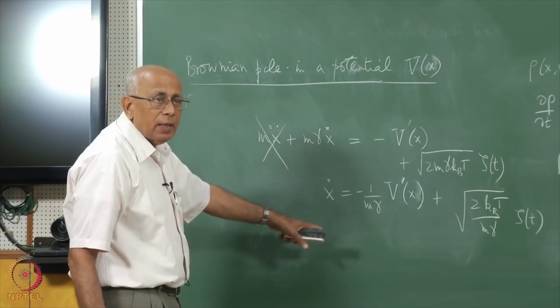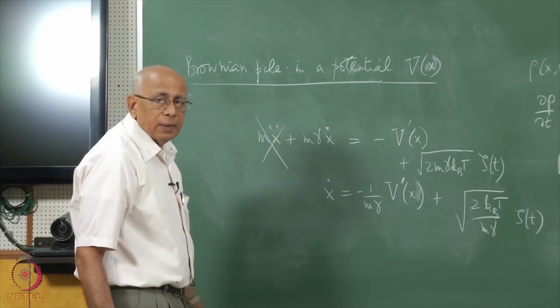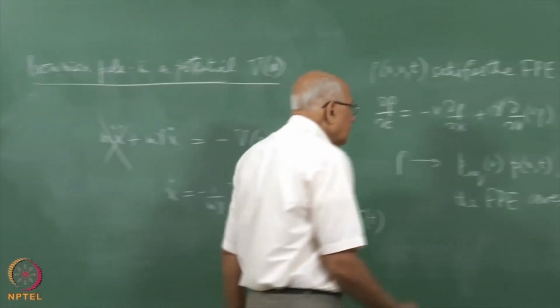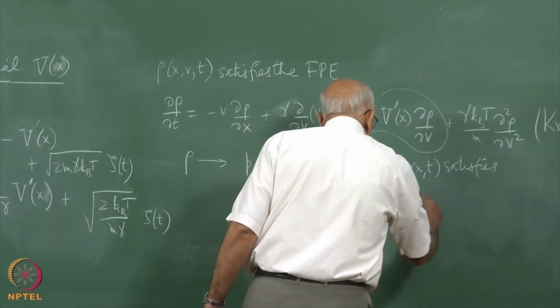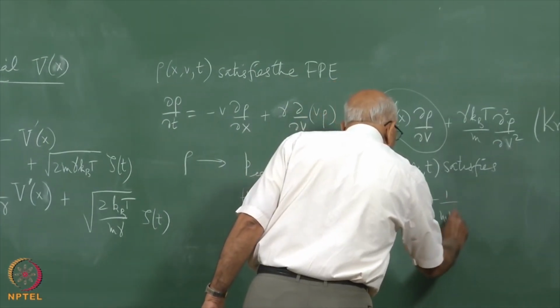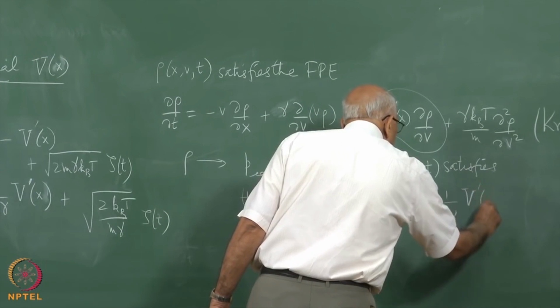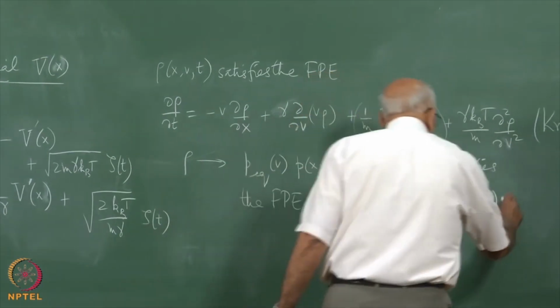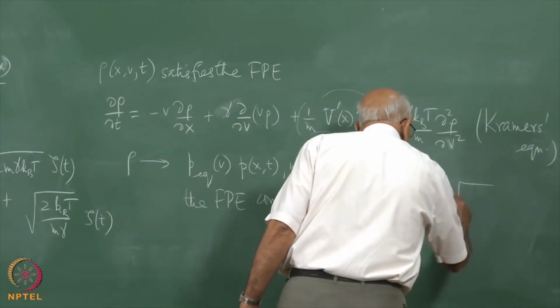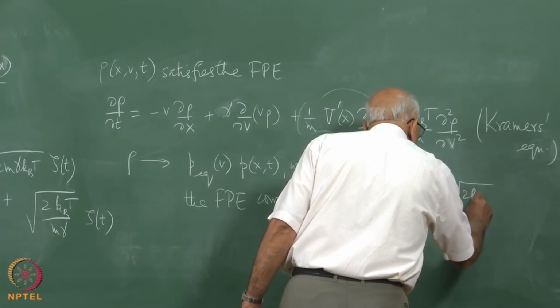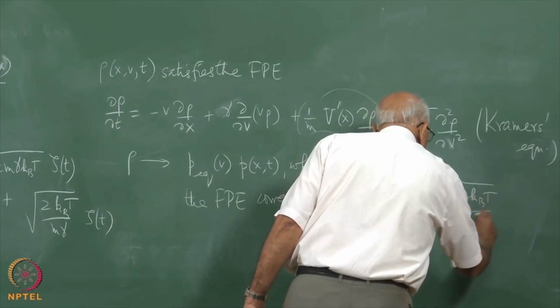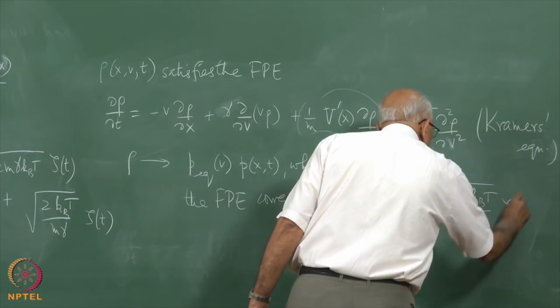Corresponding to this stochastic equation, right. And what is this stochastic equation? Corresponding to x dot equal to minus 1 over m gamma V prime of x plus square root of 2 k Boltzmann T over m gamma zeta of t.